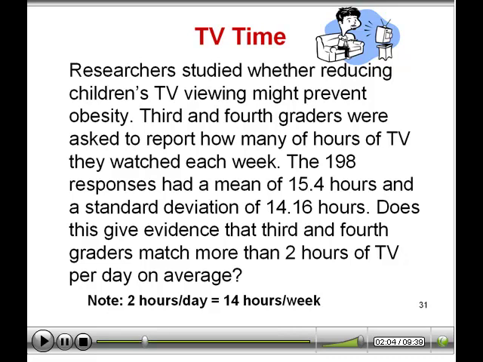The question is, does this data give evidence that third and fourth graders, on average, watch more than 2 hours a day of TV? Now, since the data was summarized as hours per week, we will rephrase the claim to ask if these children watch on average more than 14 hours a week.